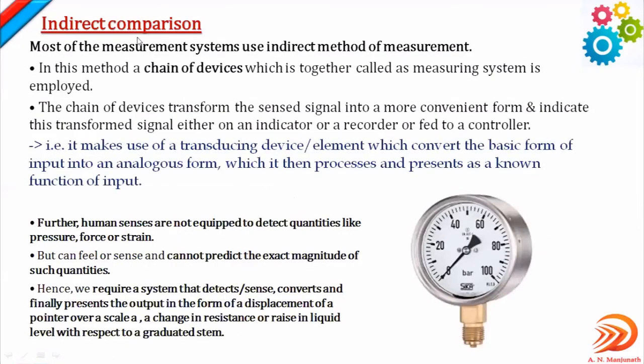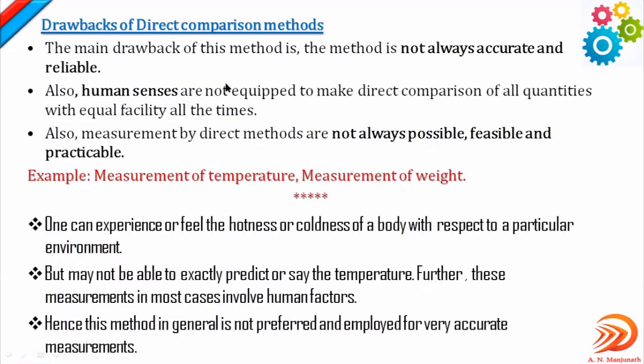Coming to the second method, indirect comparison. You can observe here, most measurement systems use the indirect method of measurement because of these drawbacks: it depends on the human senses, the human factor comes into the picture, it is not feasible, it is not accurate, and sometimes it is not practically possible.